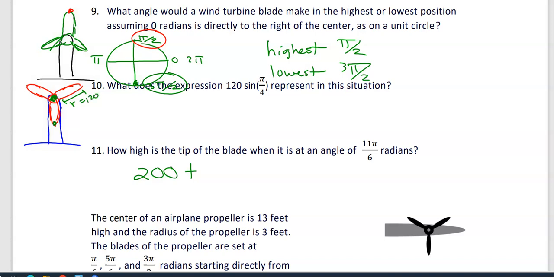So the radius isn't 1. It's 120 sine of 11 pi over 6. So this is real similar to the problem that we looked at earlier. So, the calculator. And the answer comes out to be exactly 140.